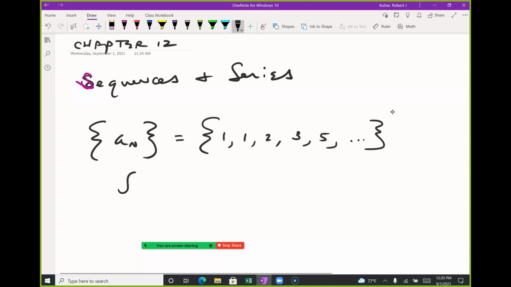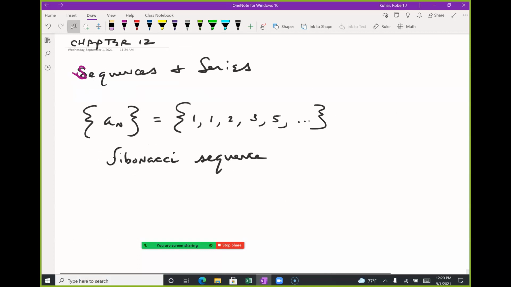This is our Fibonacci sequence. And so coming up with an nth term, this n is a subscript for the index, right? The first term, the second term, the third term, and we're always kind of thinking about it that way.